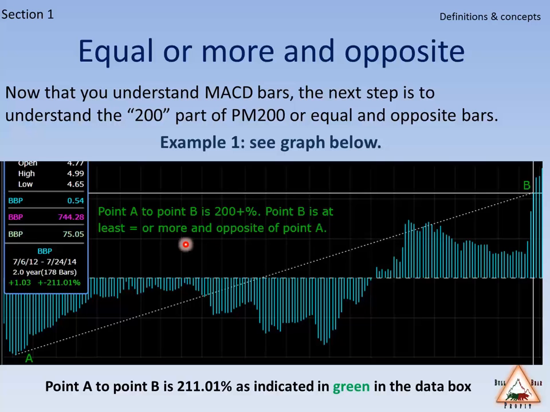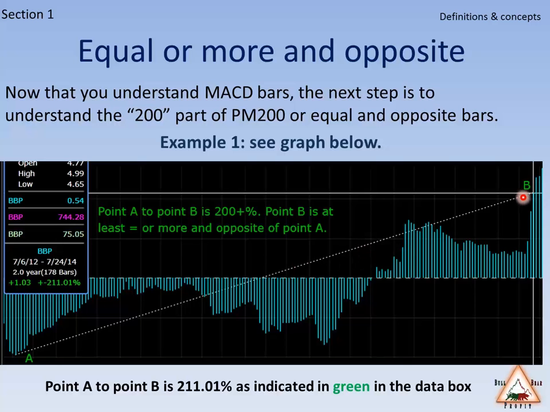Point B is at least equal or more and opposite of point A. And that's it. That's the equal and opposite 200% movement. So measuring the bars here and increasing up to this point, that would be a 100% move. And of course, if it keeps coming up, we get up to 200%.